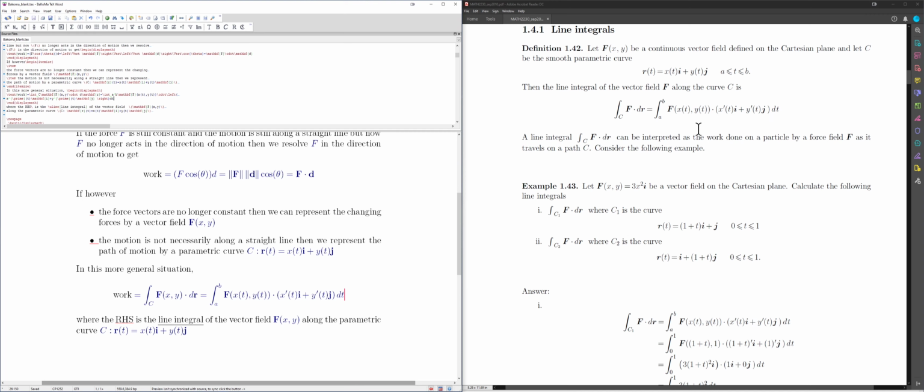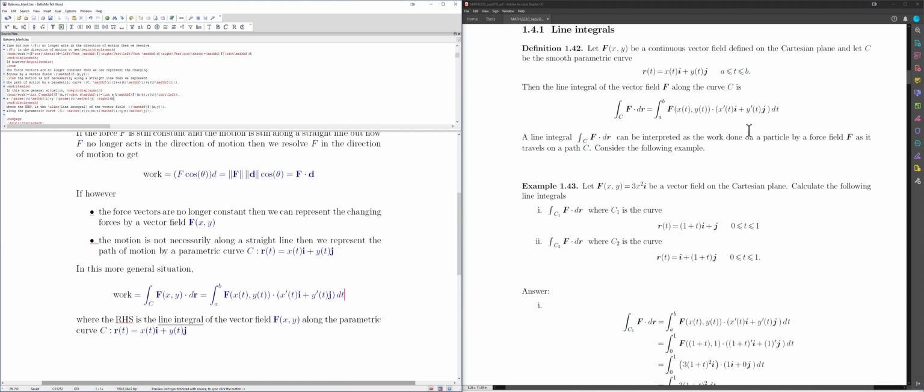These are vectors along the curve, tangent vectors. So you're taking the dot product of the vectors over here with the vectors over here.